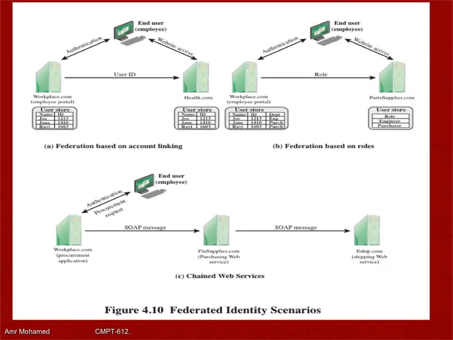So for federation, there are multiple possible forms. This is called the federation based on account linking, which is the example that we just talked about: when we sign up on a system, we can link our account to the Google account.